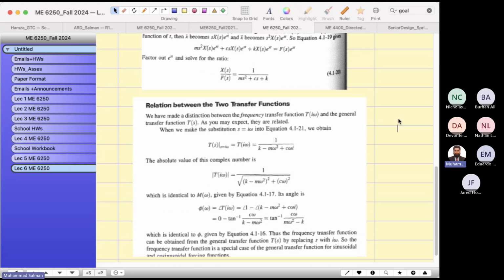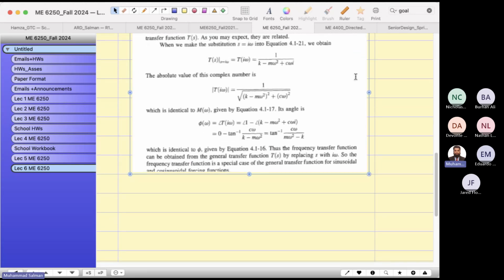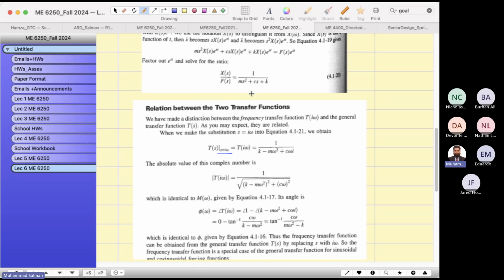So what I'm doing here is replacing s by iota omega, which is the frequency domain. We already have done this work, like a sinusoidal function can also be represented. The solution can be represented like A e to the st, where s is equal to iota omega. So now you plug this into this transfer function, and you get a frequency domain transfer function in terms of omega.